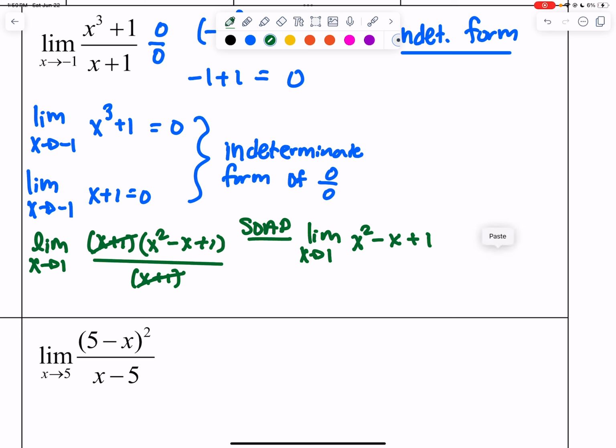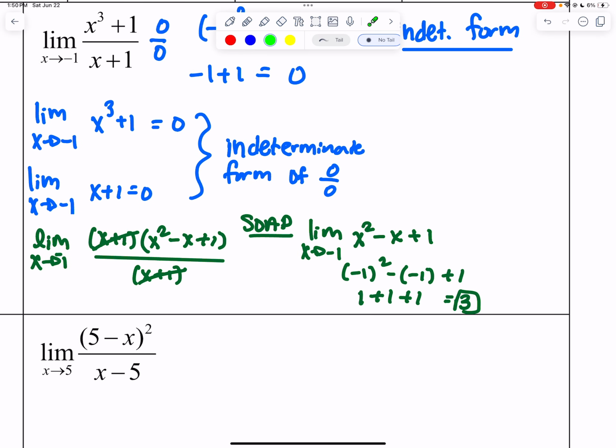And now I could use direct substitution. So I could say -1 squared minus -1 plus 1. Sorry, let me do that again. So I get 1 plus 1 plus 1, which gives me a limit of 3.